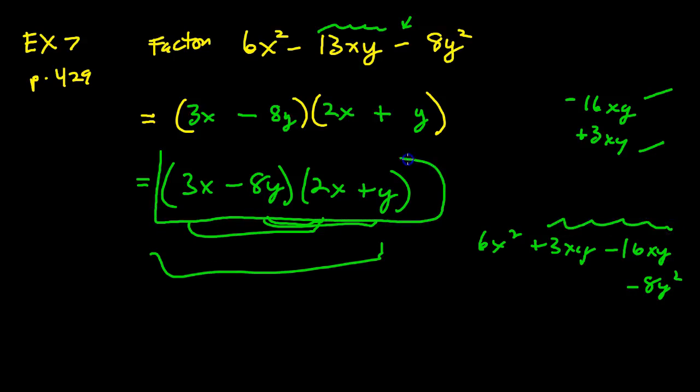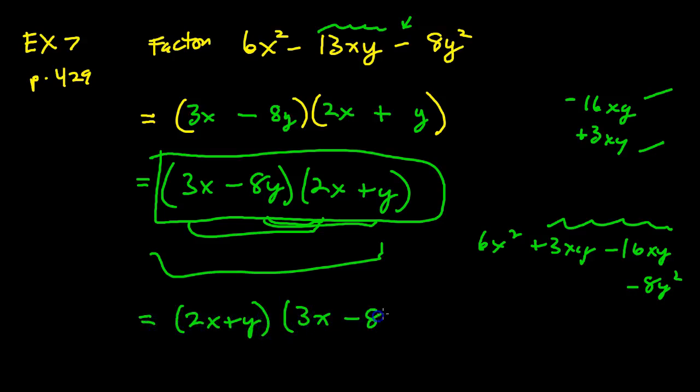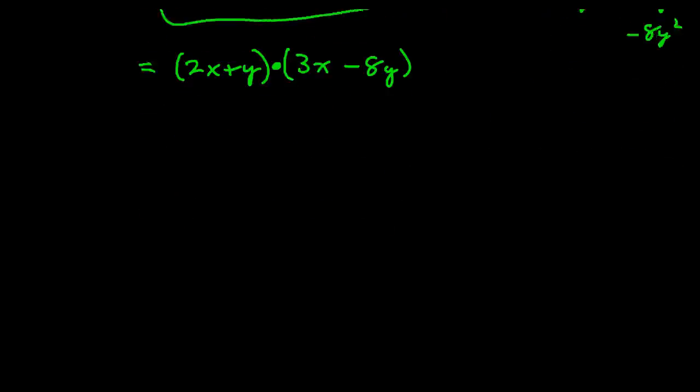Final answer right here: 3x minus 8y times 2x plus y. And of course, I could rearrange that order of multiplication. Can't move things around within the parentheses, but certainly I can reverse the order of the multiplied parentheses, because multiplication is always commutative.